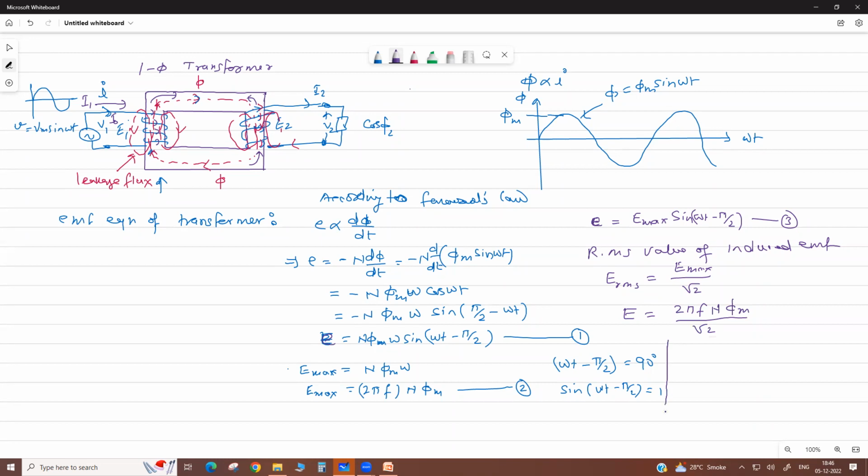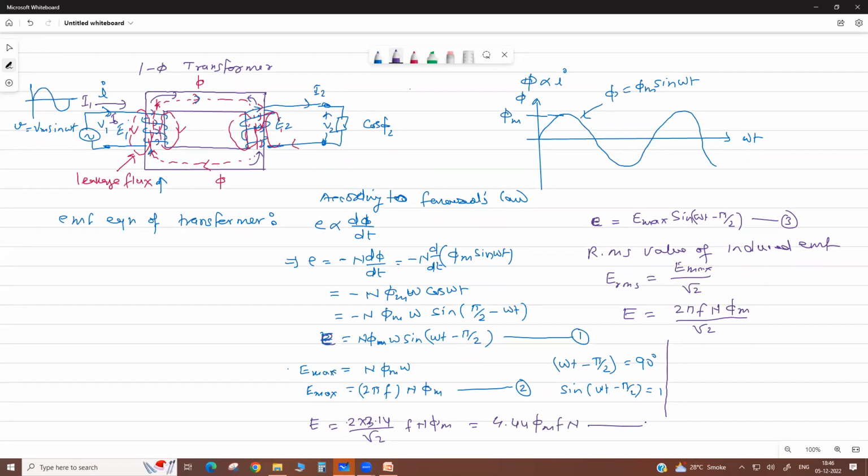Then the induced voltage is 2 into pi, meaning 3.14, divided by root 2, times phi m f n. This value gives 4.44 phi m f n.